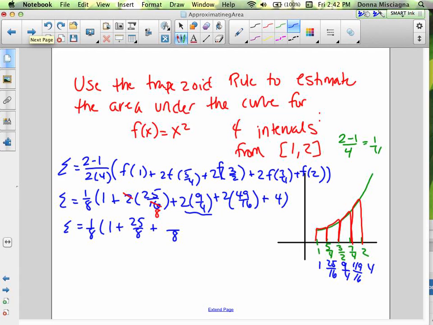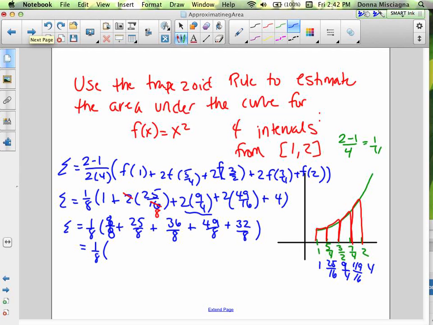Oh, and I guess I really should make this 8/8. There we go. So that would be 18/4, but we want 8ths, so that would be 36/8 plus, and we can reduce the 2 and the 16. That's going to be 49/8. And then 4 would be 32/8. All right, so now we will add those together.